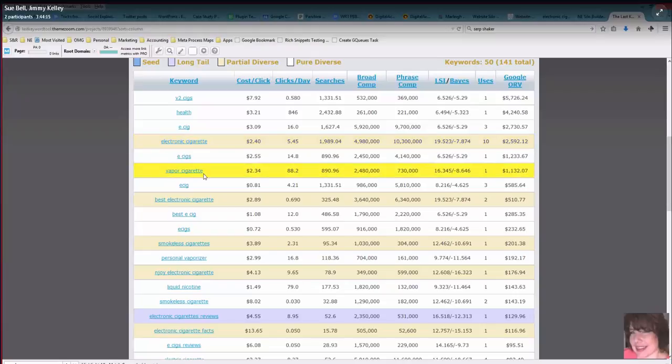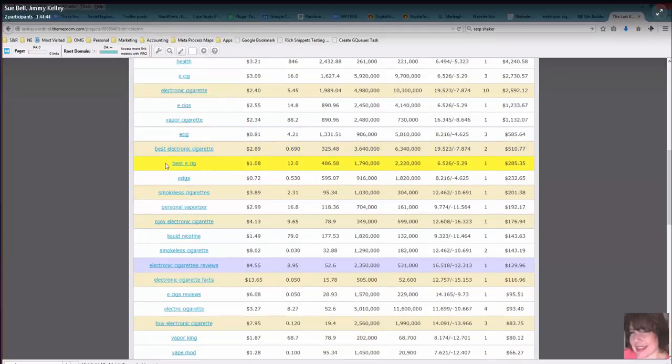Vapor cigarette, that kind of goes into that same concept with the smokeless cigarette and those other things. And since that's got the highest Google ORV and it's got a lot of searches per day, I might actually choose that to be my silo term and then put those other ideas in underneath that.